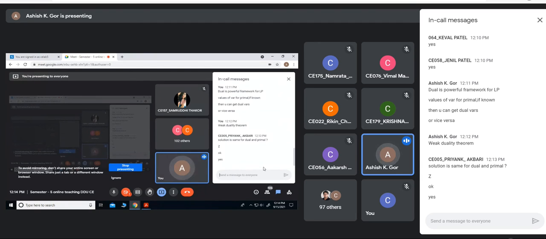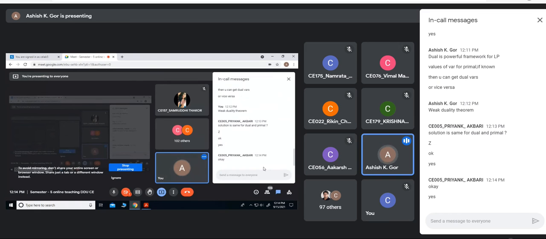Getting, Priyank? Yes, others are also clear what I'm saying. Solution means variable values are not necessarily same, right? Z value is same, okay, but using some theorem you can convert the values of dual variables.